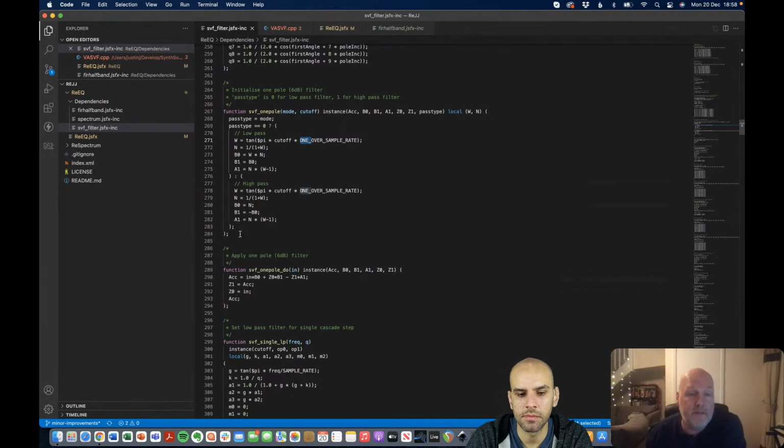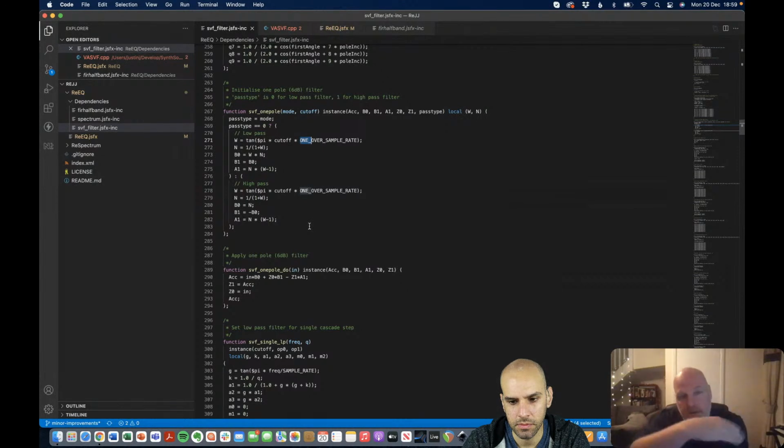It's a more conventional way of implementing a one-pole filter. There's only so many ways of doing it. All we have there is low pass and high pass. In ReEQ, the main use of those is in the cut filters, so that you can go from 6 to 12 to 18, 24, 30, and so on. You can increase in 6 dB steps to give finer granularity on the steepness of the cuts.